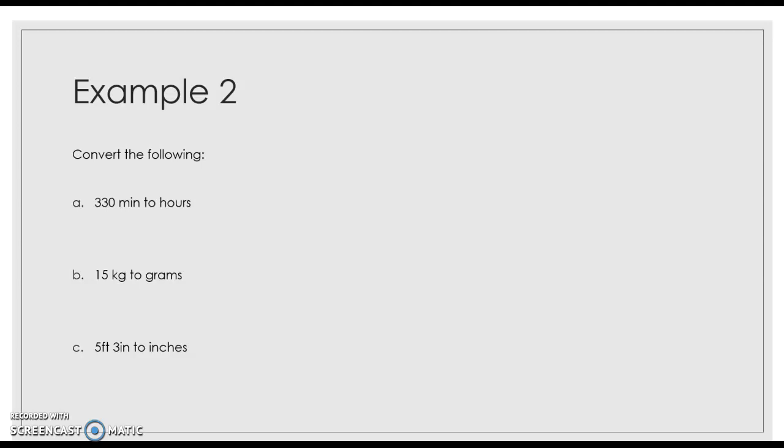Converting the following. These are some simple conversions. So we have 330 minutes and we want to change them to hours. So I use what was called, when I learned this in Leavenworth, the railroad tracks. So we put what we're converting here. This is minutes.